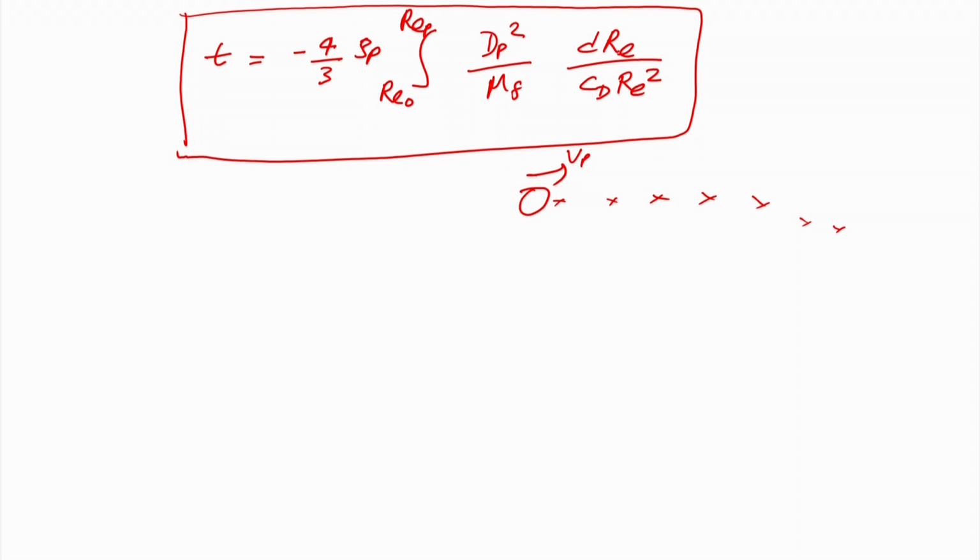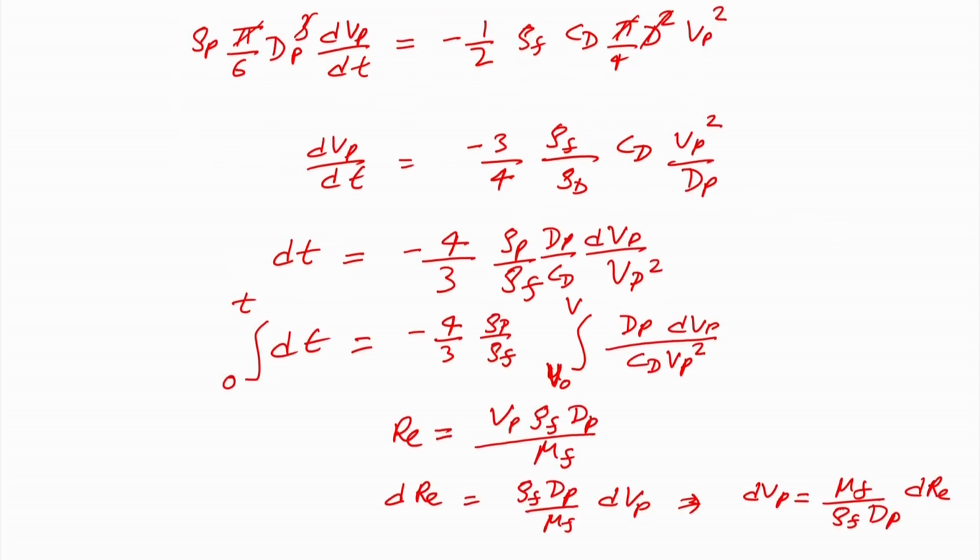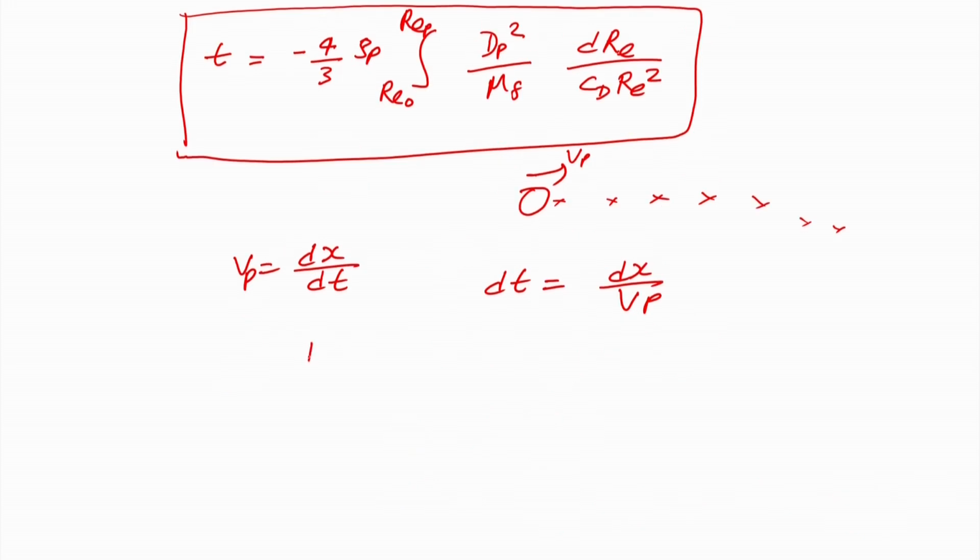So, what I can do, we know that Vp is equal to dx upon dt. So, dt will be equal to dx upon Vp. Now, if I substitute in the initial equation, dt will be written as dx upon Vp, which will be equal to minus 4 upon 3 rho p upon rho f into dP into dVp upon CD into Vp square.